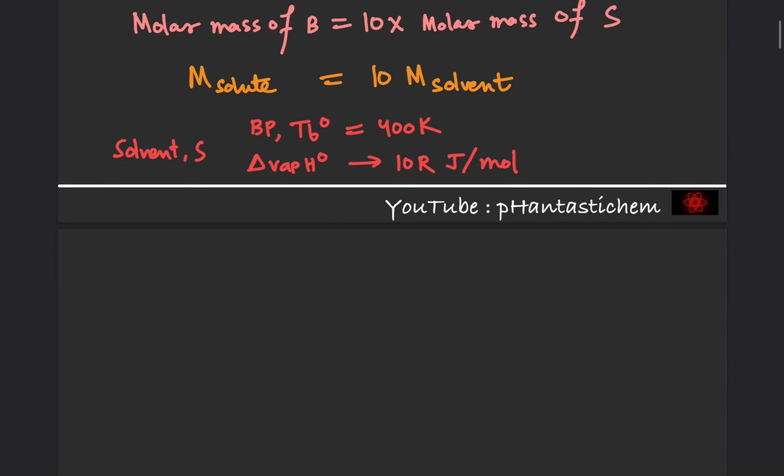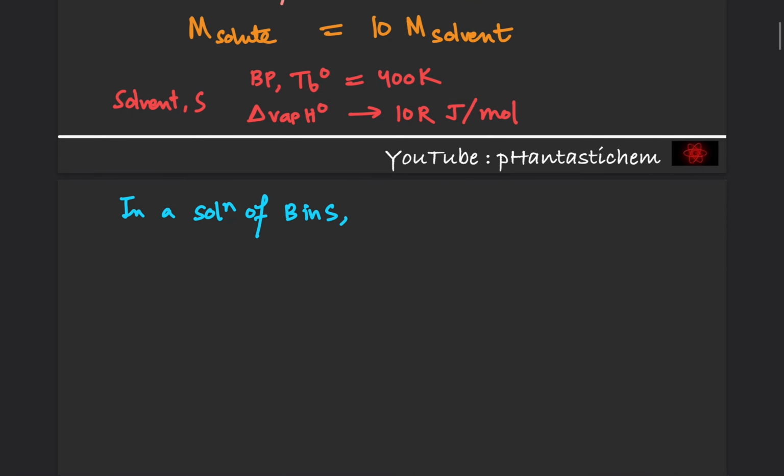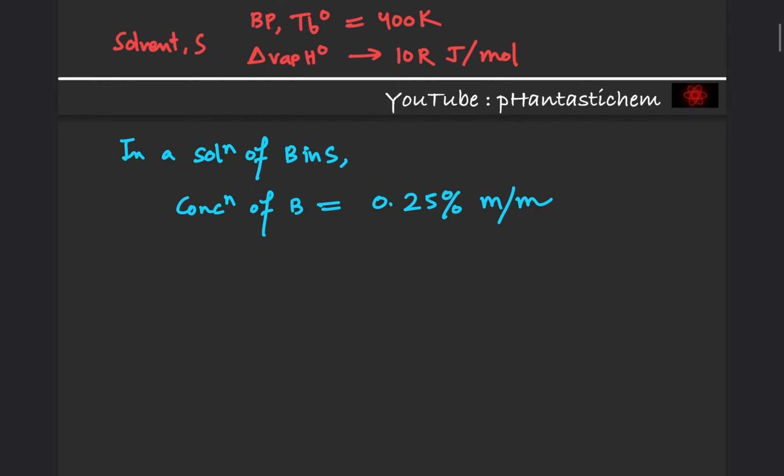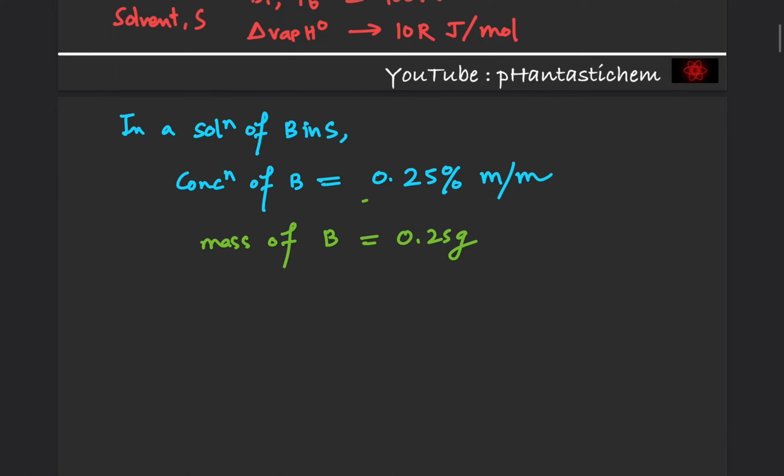Okay. Also, in a solution of B in S, the concentration of B is 0.25% mass by mass. So therefore the mass of B will be 0.25 gram, and obviously since it is mass by mass percentage, the mass of solution will be 100 gram.